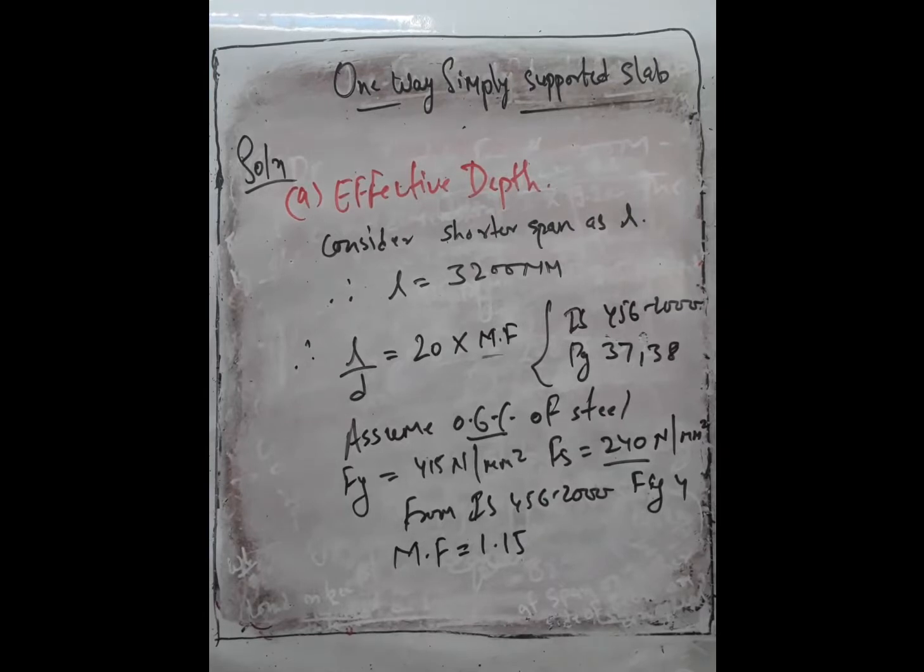So our modification factor is 1.15. If you are facing problems getting the modification factor with the help of the figure, because many of us are unable to read the figures, or maybe our value varies from other people's, so we think our solution is wrong.